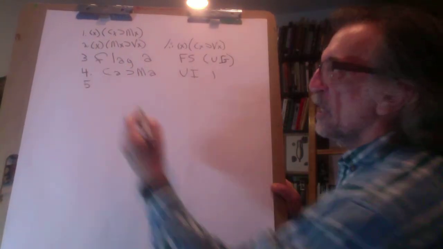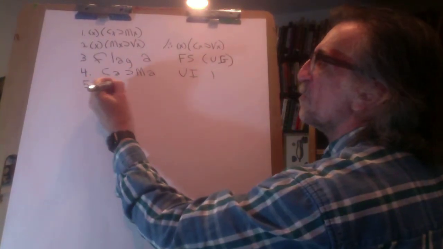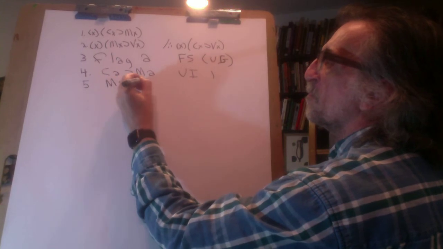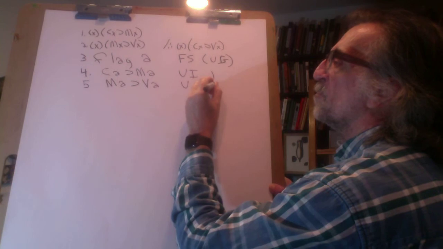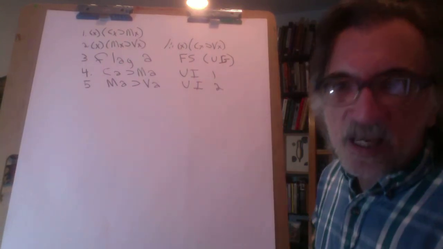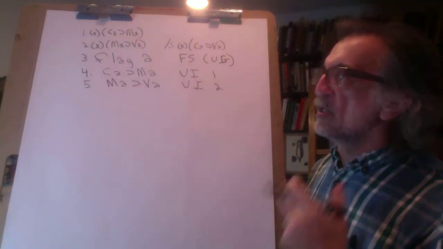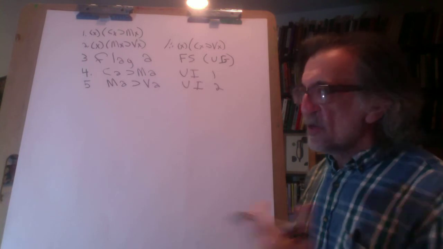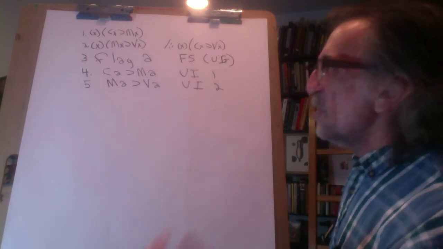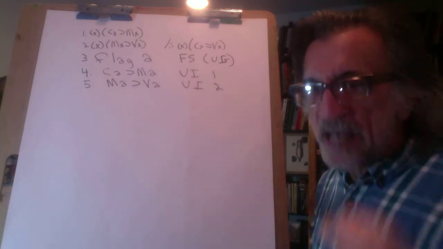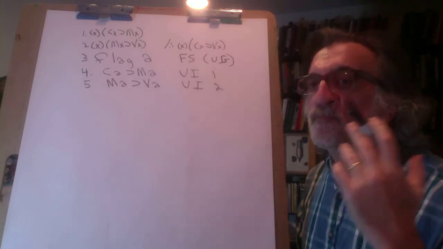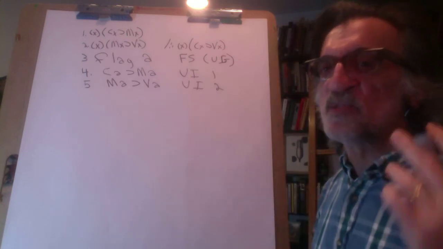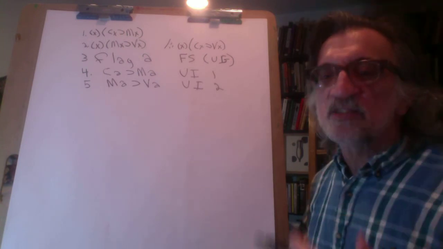Likewise, we can go to line 2, and say that because all M's are V's, therefore, if A is an M, then A is a V. Now, I'm repeating this simply because this is the idea that I find the easiest.